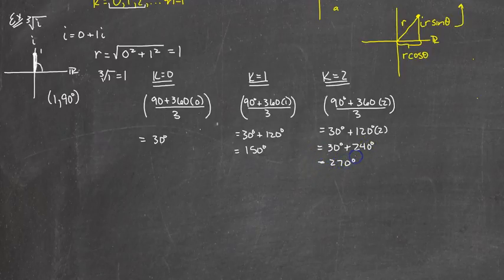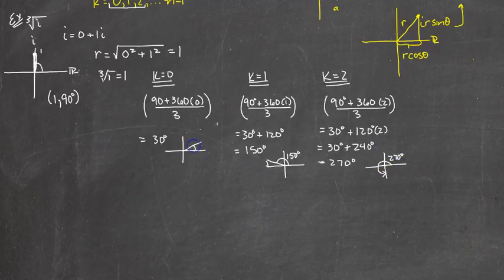So one of the roots can be found looking at an angle in the first quadrant of 30 degrees and finding my sine and cosine values in my formula. The other root can be found by looking in the second quadrant at a reference angle of 30 degrees, where I have 150 degrees from 0. And my last root I'll be able to find at 270 degrees, which is the same as 3 pi over 2.